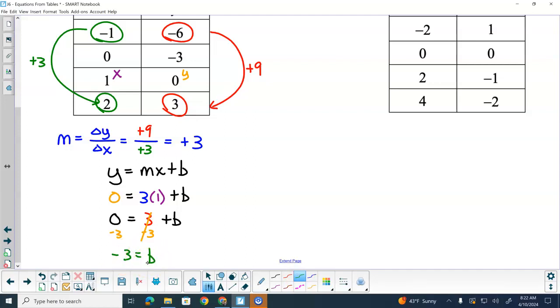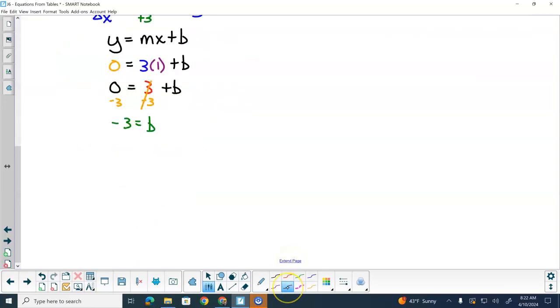Agree? Love it. Dylan, now, the big question for you. Do I have an m? In blue, right? 3. Do I have a b? It's negative 3 in green, right? So can you give me the y equals mx plus b for this problem?